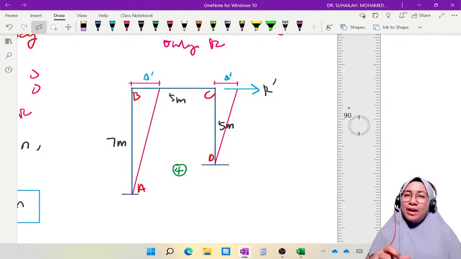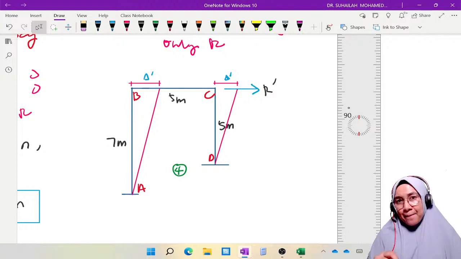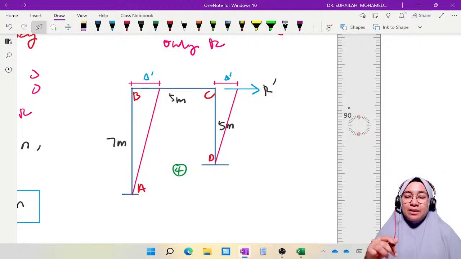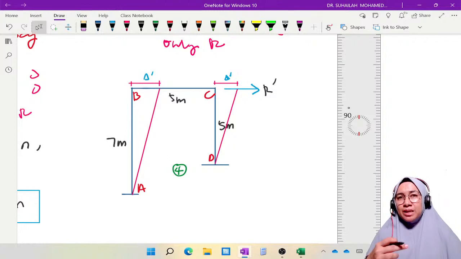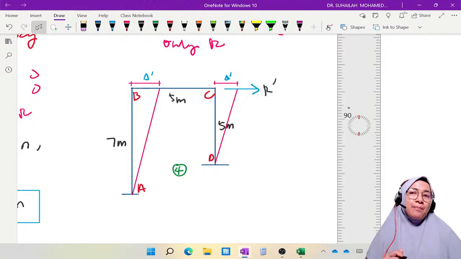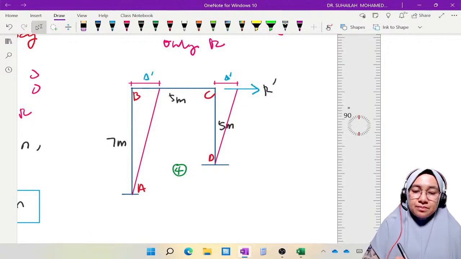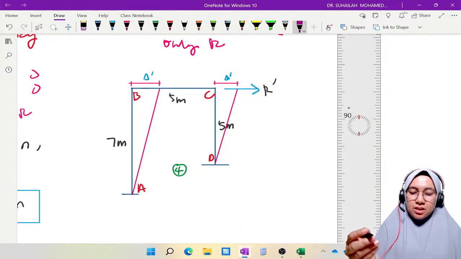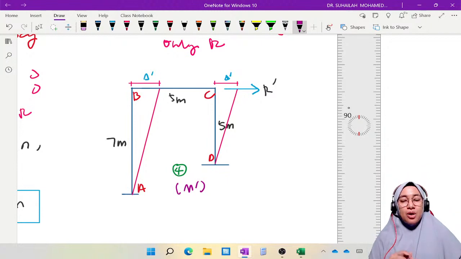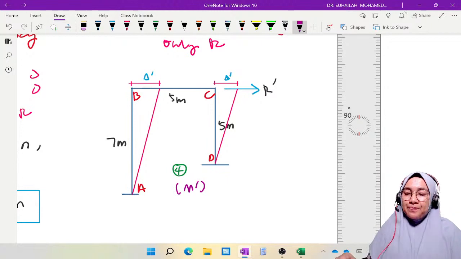End means the end of each member. This end moment in diagram number 4, due to r prime and delta prime, we label as m prime.